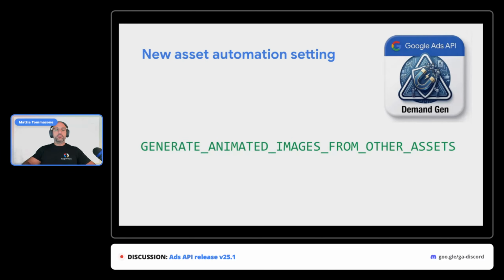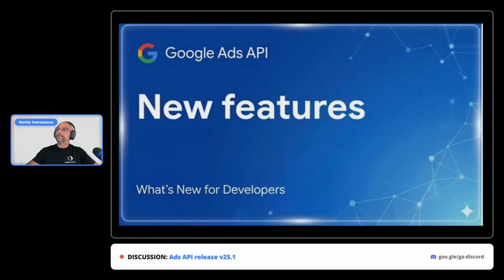So let's say you have 5 image assets in your demand gen campaign and you leave this automation setting on, then Google Ads may generate animated images from your image assets to actually make your ads more engaging. You can also opt out of this setting by configuring the asset automation setting in your demand gen campaign.